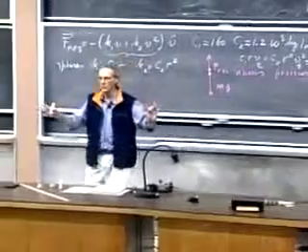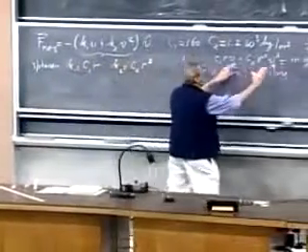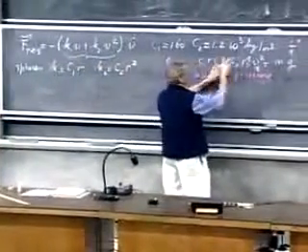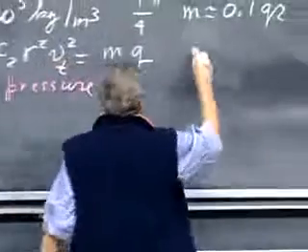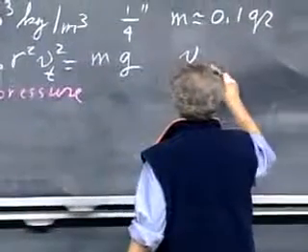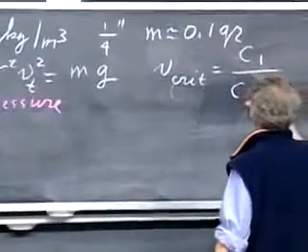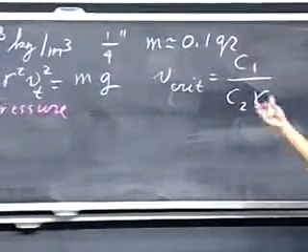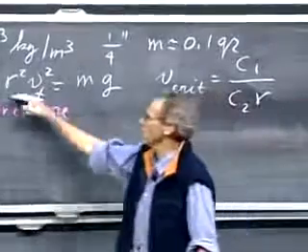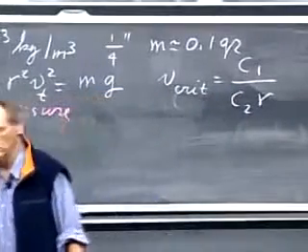For what velocity? So forget for now that here are t's. We just want to know when this term is the same as this term. That will be the case when the velocity, which we call the critical velocity, equals c1 divided by c2 times r. It's very easy to show that this term is then exactly identical to that one.